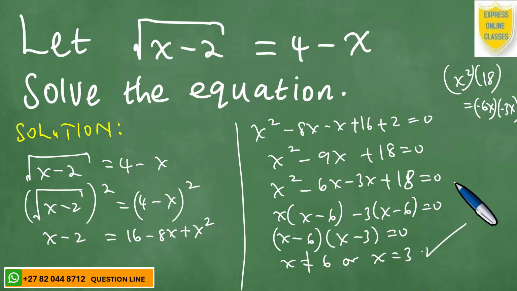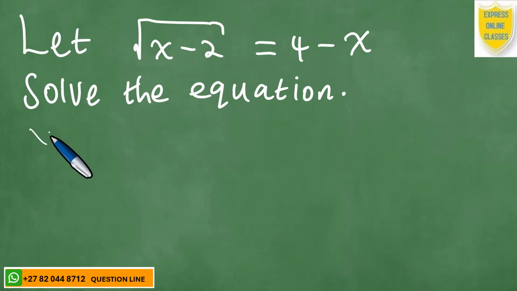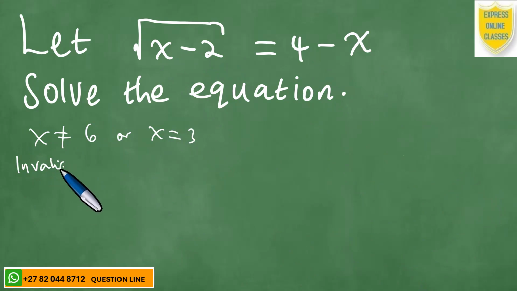But now we need to analyze. We have an opportunity to analyze. We have seen that x is not 6, x is 3. In other words, x equals 6 is invalid. It is inadmissible.